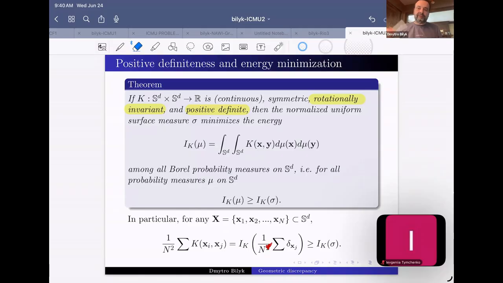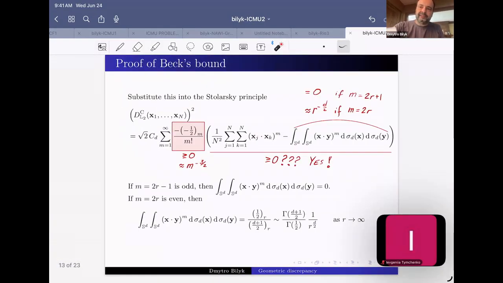This looks very similar to what I said after we discussed the Schur principle, and here the inequality is reversed. Another way to prove that property for the Euclidean distance was to show that the Euclidean distance is, up to a constant, negative definite, because there the inequality was reversed. We already know this because, going back, we figured out that all the coefficients here are negative, except for the constant one, but we don't care.